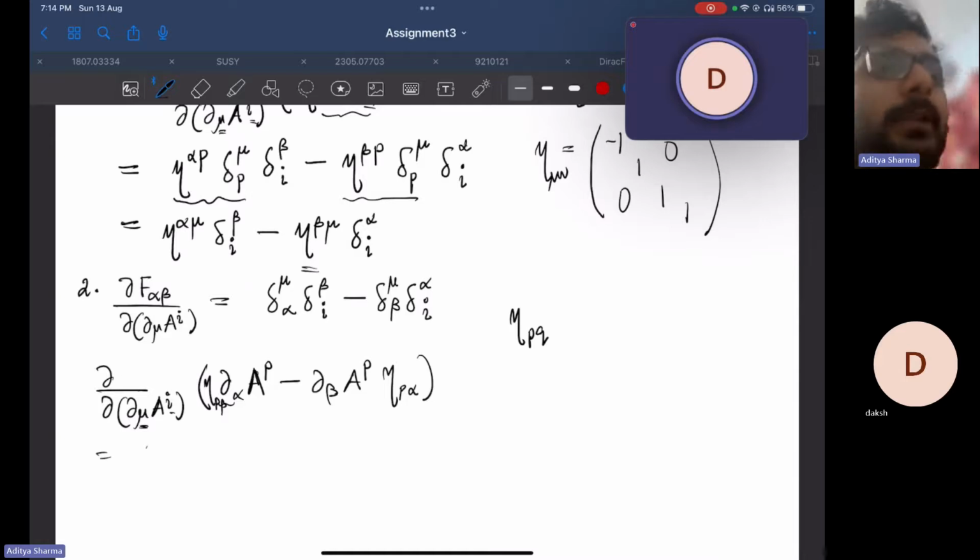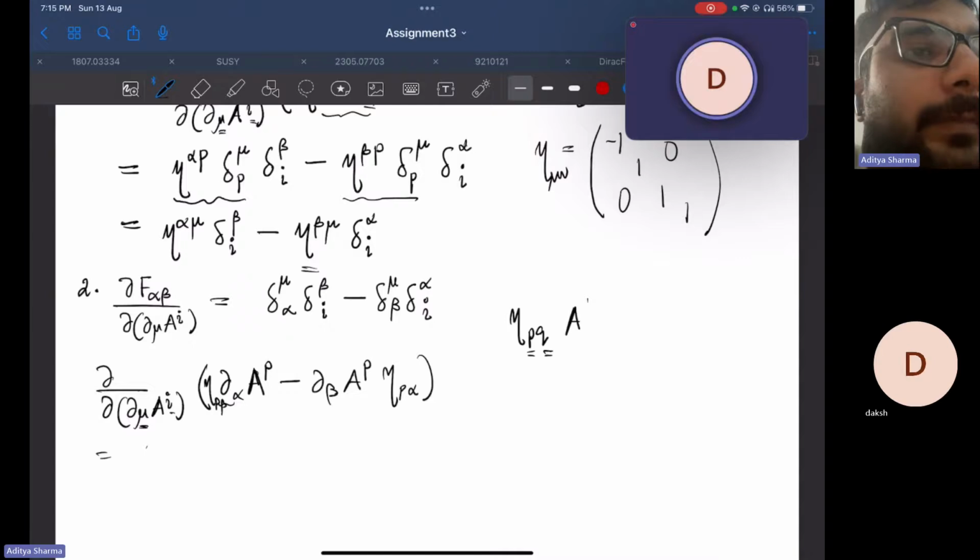So this is the notational problem. When you are writing eta pq times ap, what you mean is the eta pqth component of the eta matrix.